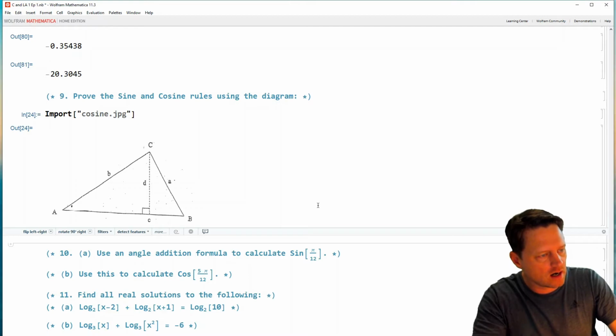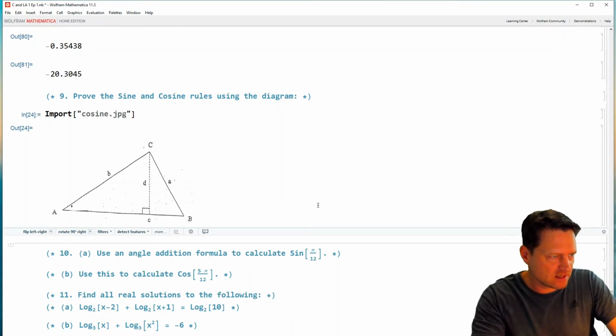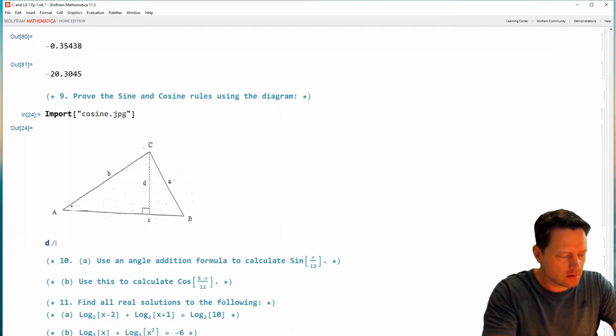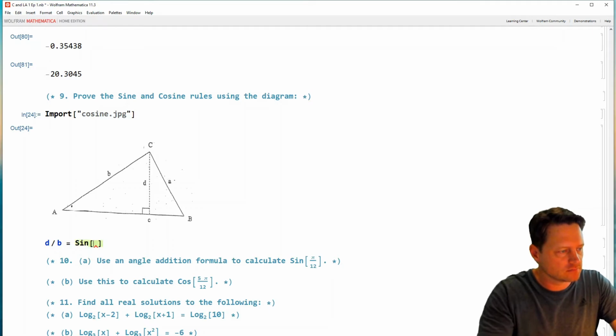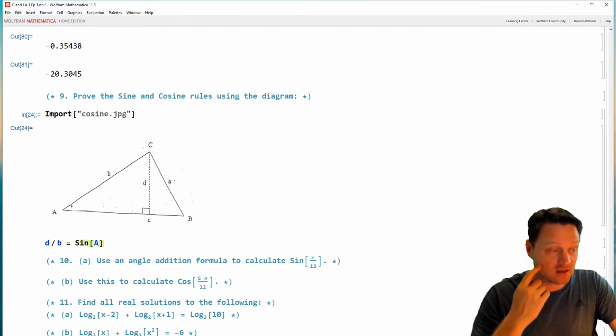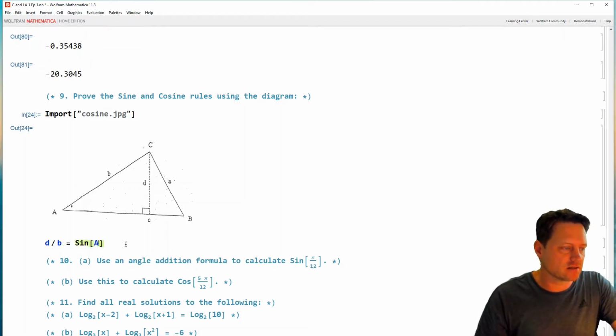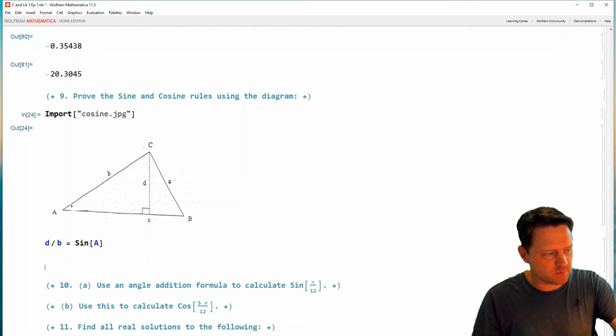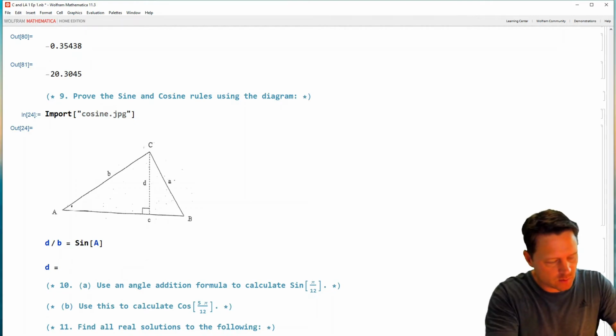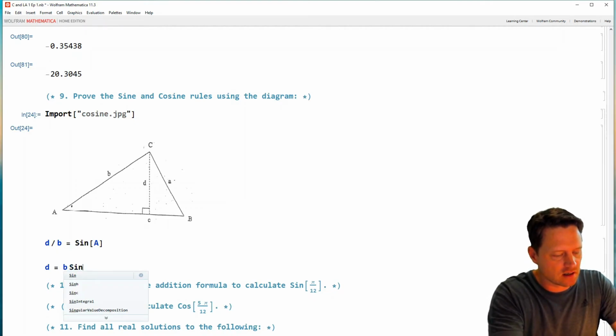So D over B will be equal to the sine of the angle A. And we can multiply both sides by B, so that D is equal to B times the sine of the angle A.